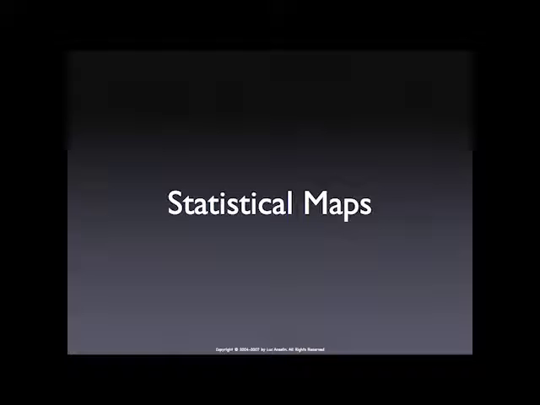So think of a distribution of data which is a continuous distribution, say, incomes or house prices or rainfall. And you want to represent the spatial distribution of this information somehow. But you can't have a continuous scaling, so you simplify it into categories.